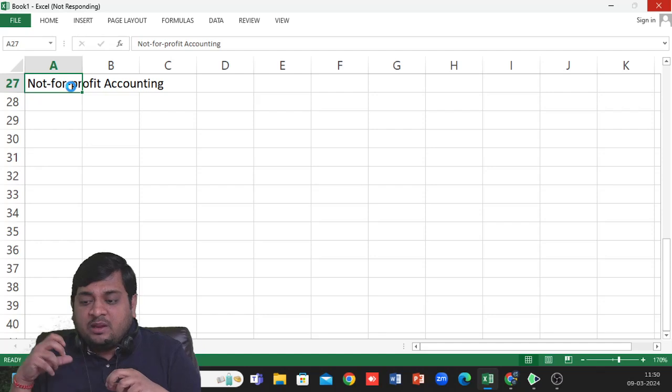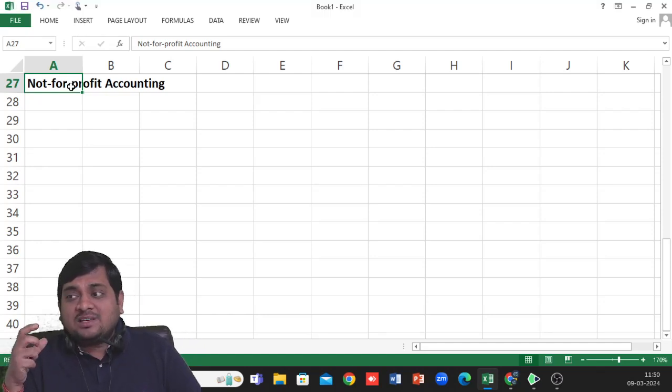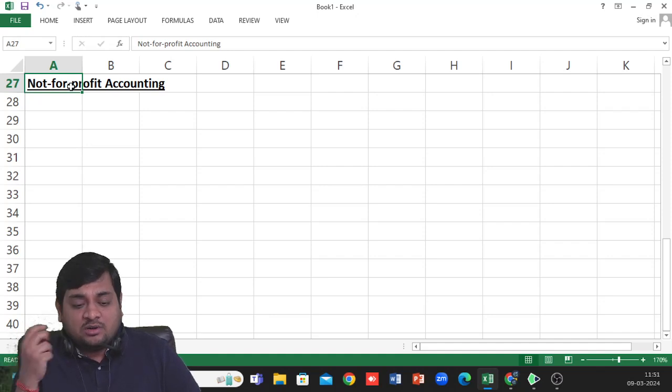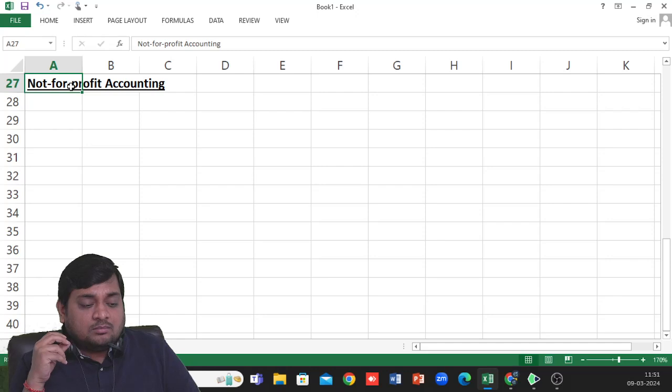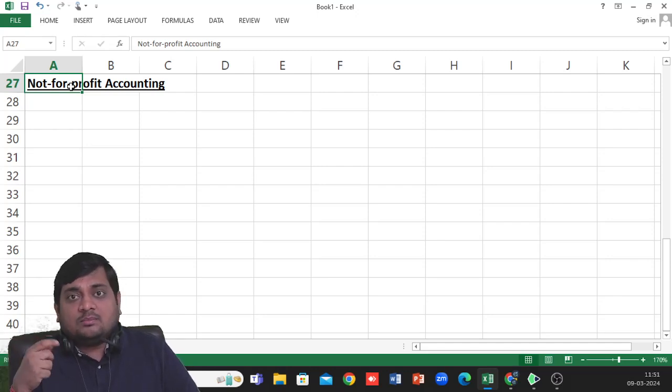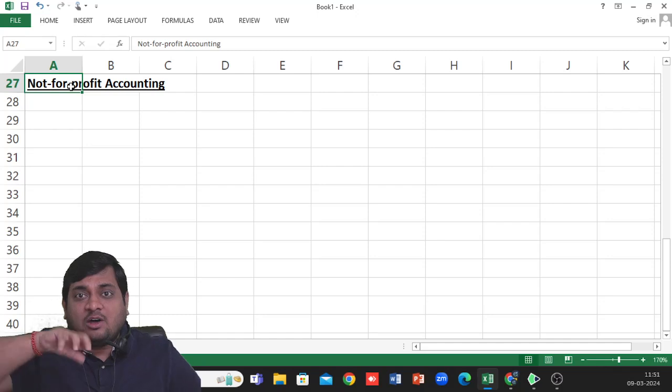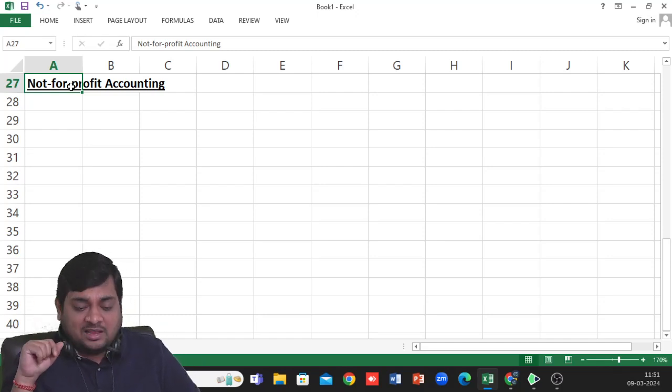So in profit organization, all the resources are used for generation of profit for the shareholders, right? Here the resources are used for the purpose, or rather the objective, for which that not-for-profit organization is created.